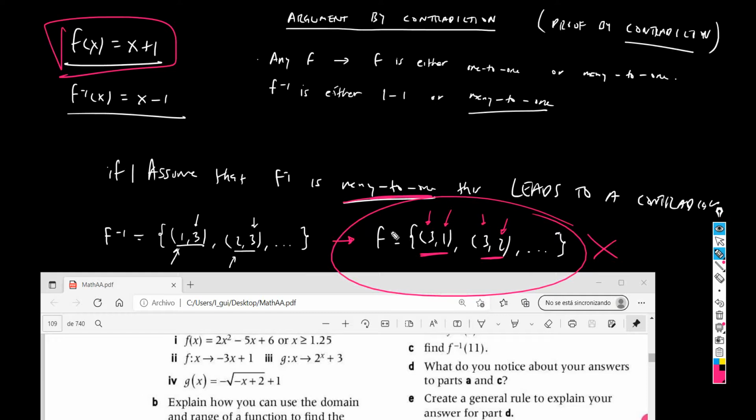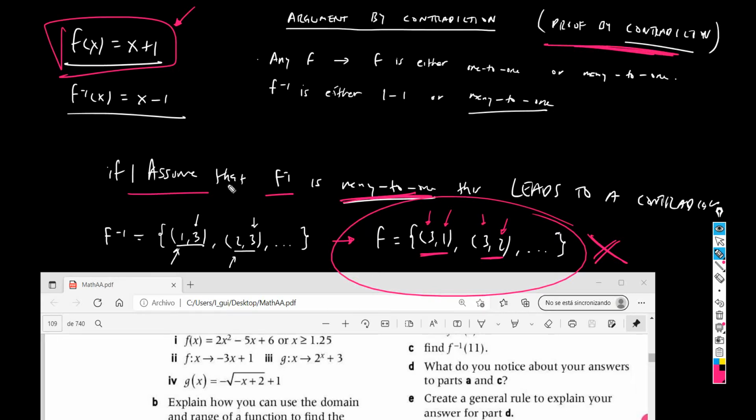The contradiction is that if I assume that f inverse is many to 1, such an assumption leads to the contradiction that f would not be a function in the first place. But we know that it is. That's one of the first assumptions, that f is a function. That's what this is, guys. Proof by contradiction.